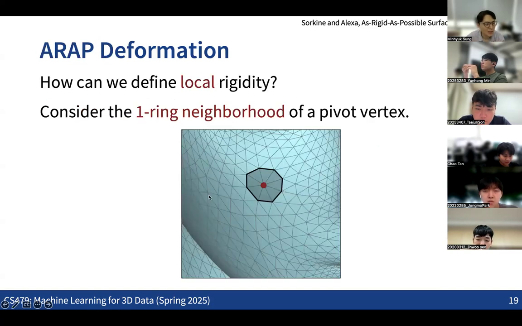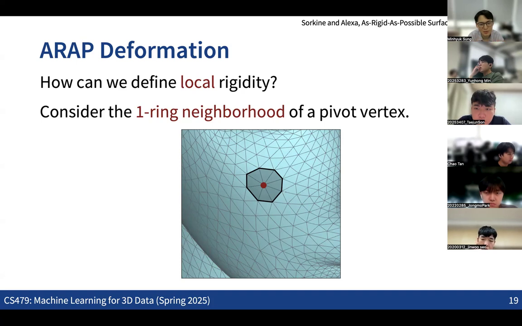But what we want to do is achieve local rigidity. So what's the meaning of that? For that, we are going to consider how each local region is deformed by a given deformation.